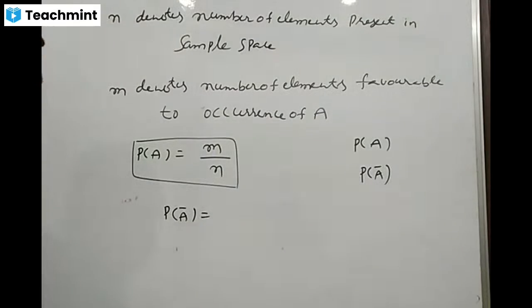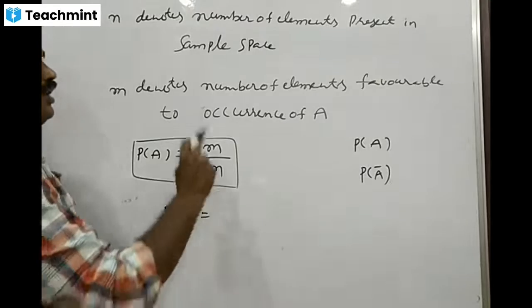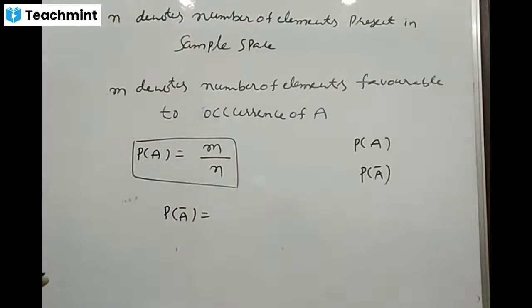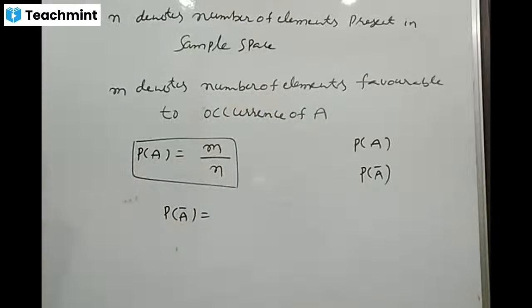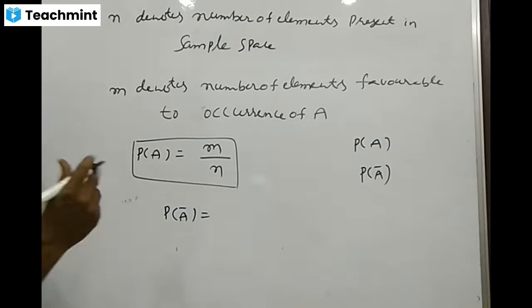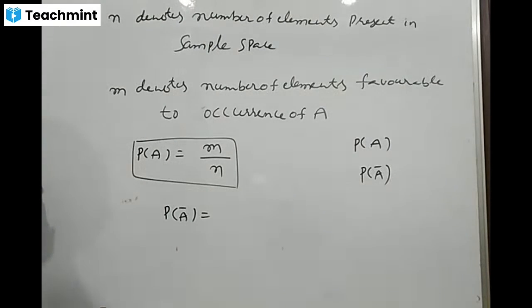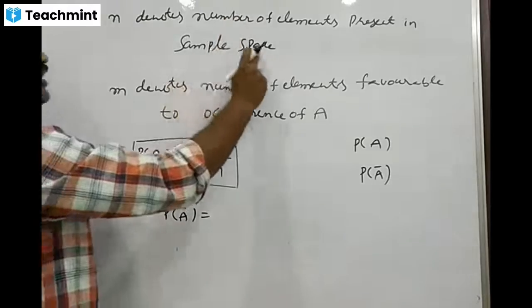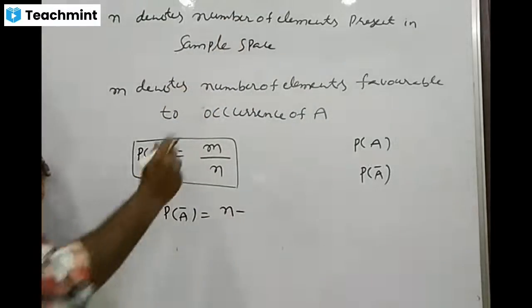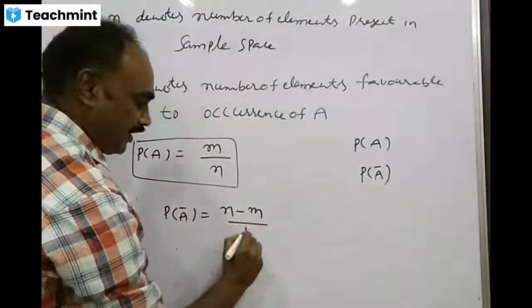P of A bar is equal to the number of elements present in the sample space, N, minus the number of elements favorable to A, M, by N. So this is P of A bar.